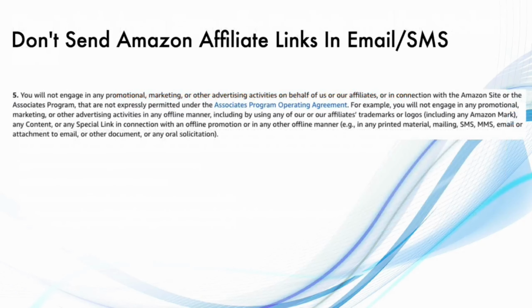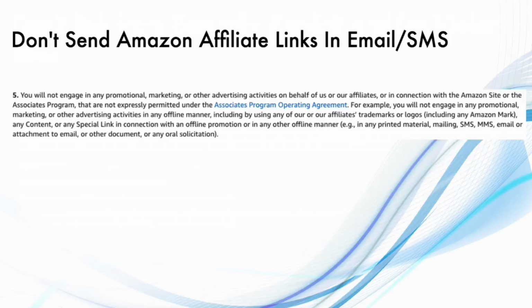Number 5 would be don't send Amazon affiliate links in email and SMS. Amazon doesn't like you promoting offline, and if you're promoting Amazon affiliate links in any printed material, mailing, SMS, MMS, email, or attachment to an email or other document, or any oral solicitation. For instance, you are in a conference and you say, why don't you go and buy the products on Amazon using so and so link.